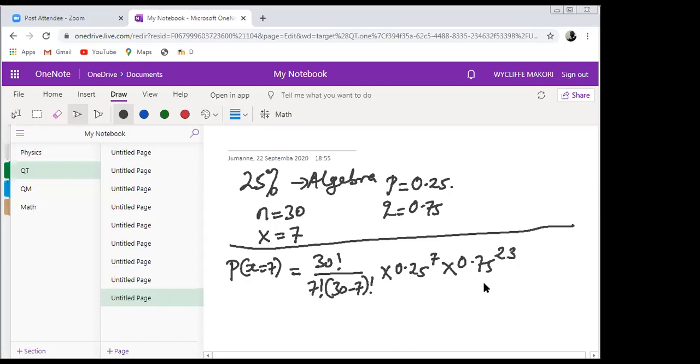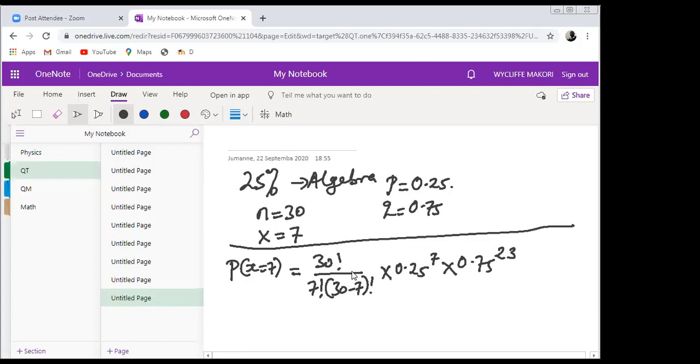So I want us to feed this information in the calculator directly, because if you do that, factorial is a very big number. Let us feed it directly. We do 30, shift factorial, divide by, because this line simply means there is a division.